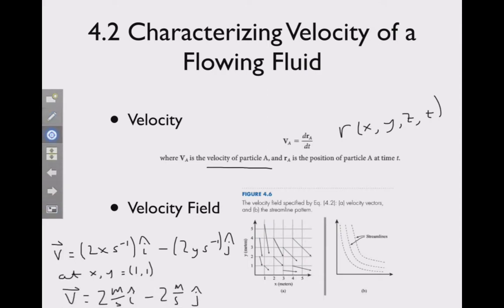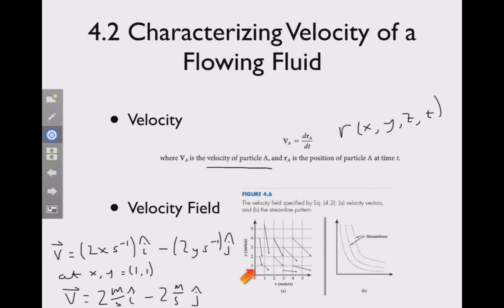So if you look at this particular point, point 1, 1, you can see that the velocity vector or the direction vector is in a positive x direction but also in a negative y direction. And that is true for any single point in this flow field. They're all kind of pointing down to positive x values and negative y values.